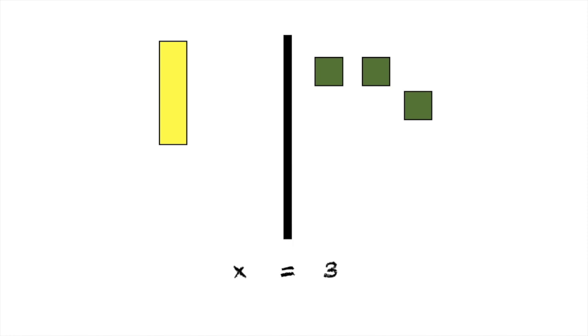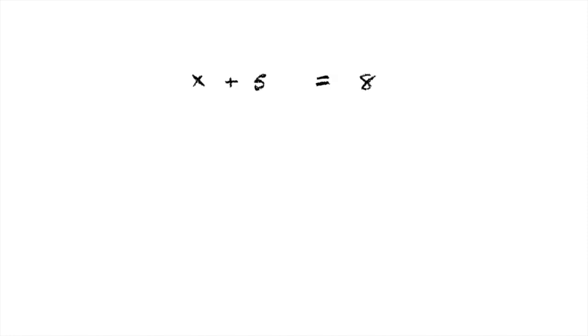Let's do the writing. We had that X plus 5 is equal to 8. Then we subtracted 5 from both sides, and this means we did X plus 5 minus 5 is equal to 8 minus 5. So if we simplify, we see that we have x plus 0 on the left and just 3 on the right. So that's x is equal to 3.